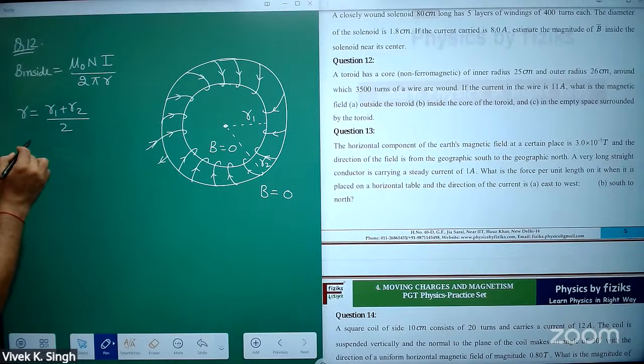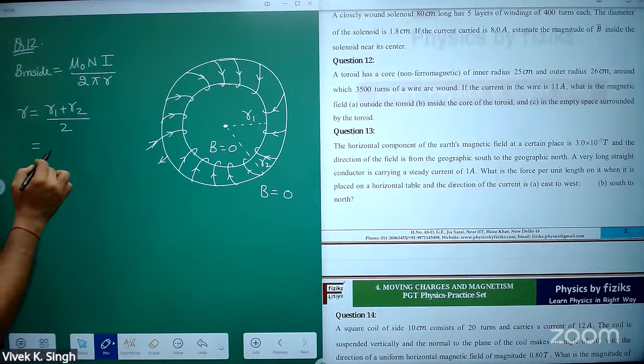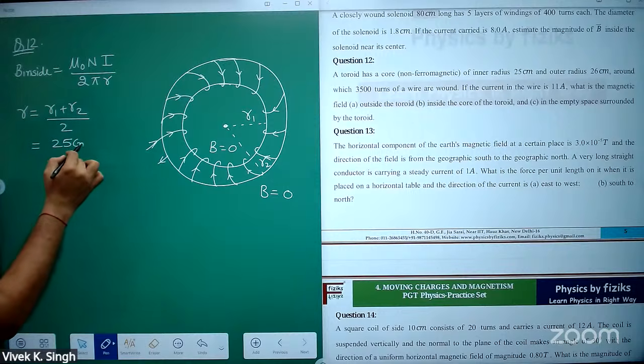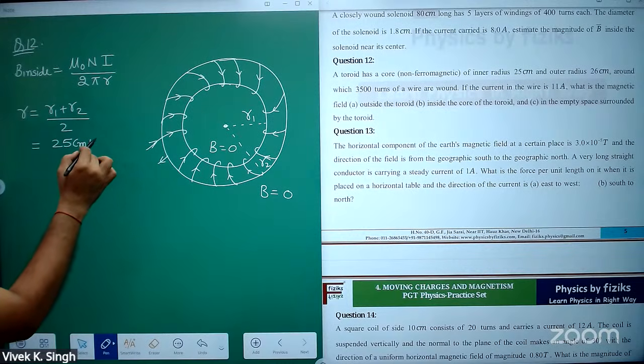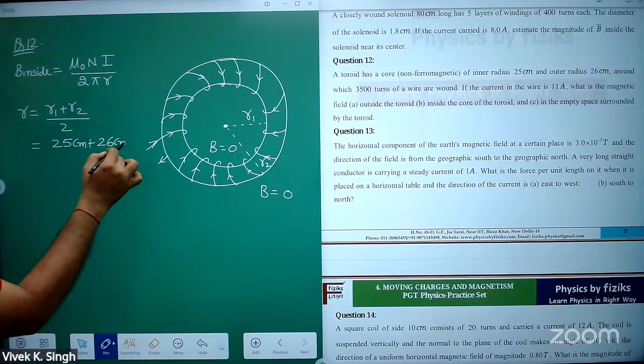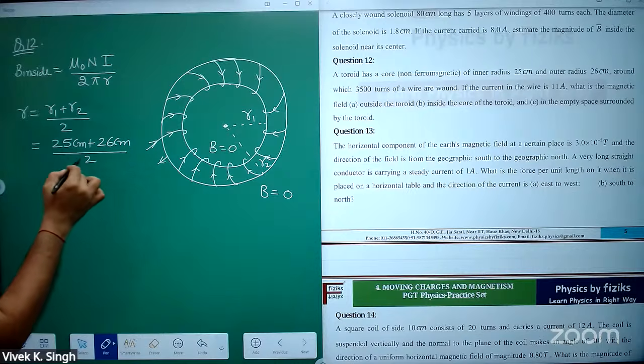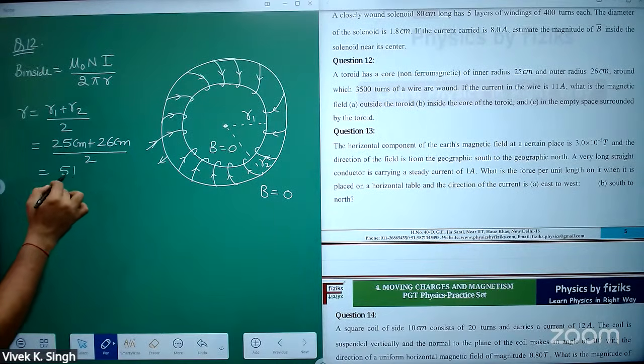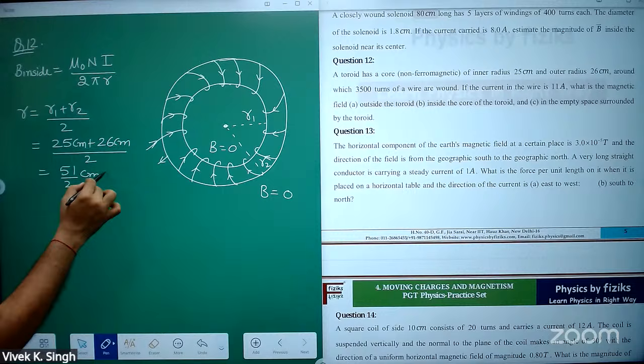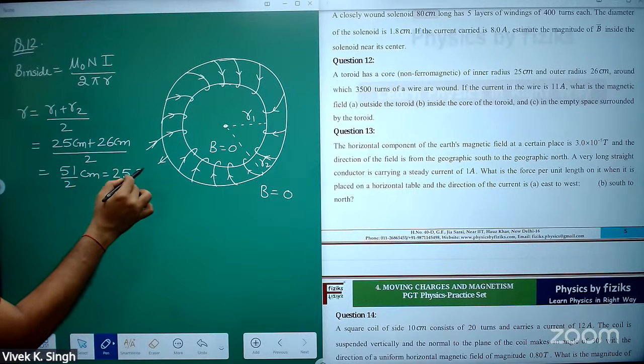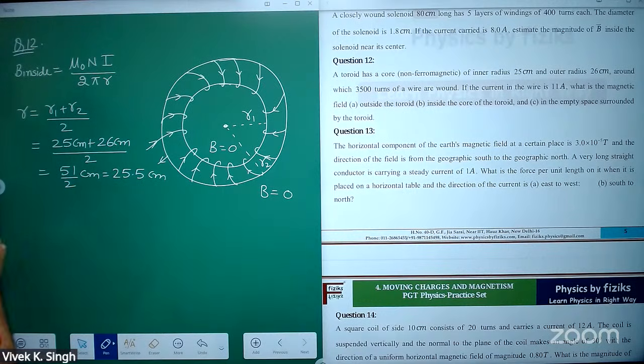This average length is given by R1 is 25 centimeter plus R2 is 26 centimeter divided by 2. So this is 51 by 2 centimeter. So this is 25.5 centimeter.